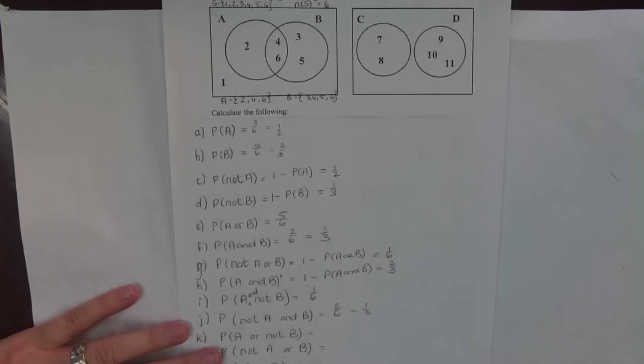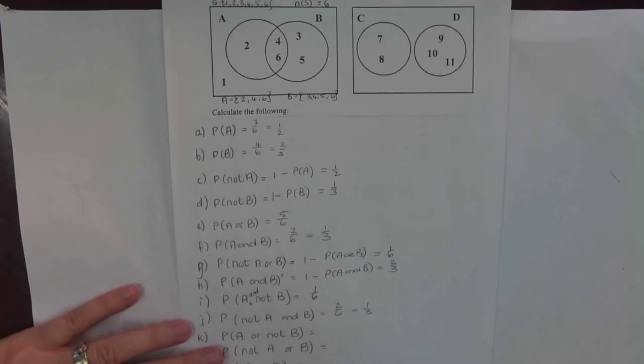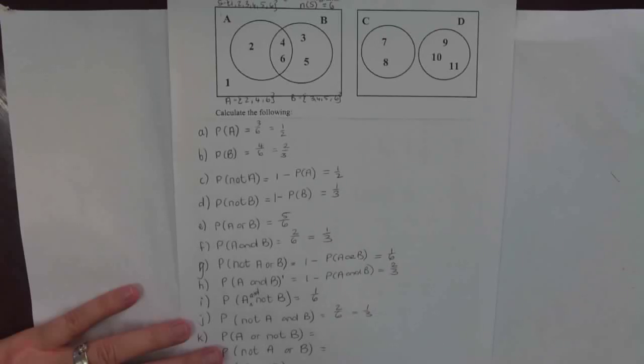What are we going to do now? A or not B. Anyone, do you have an idea? I'm going to give you 2 seconds to think about that. A or not B? Yes?